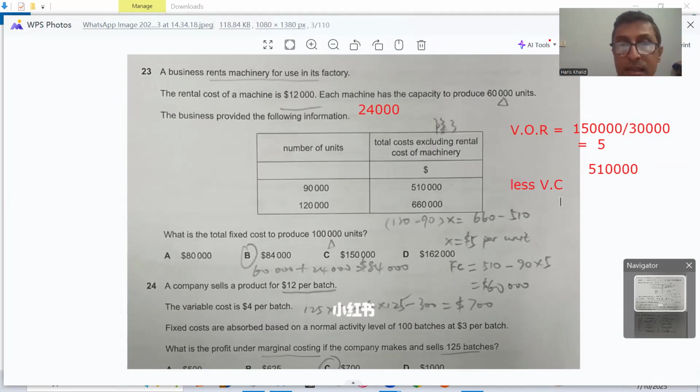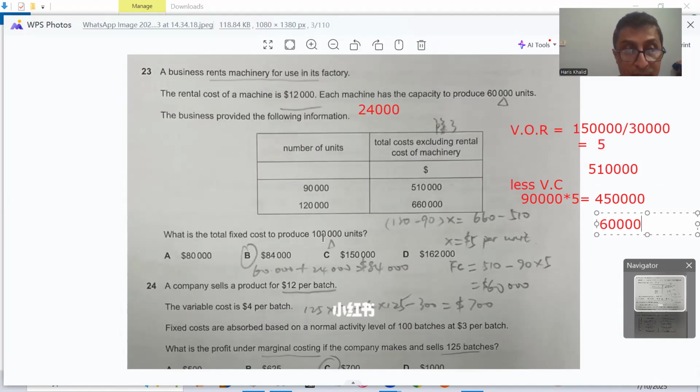Variable cost is 90,000 into 5, that is going to be 4,50,000. So 5,10,000 minus 4,50,000, 60,000 is going to be the fixed cost. Now 60,000 is the fixed cost, which will not change in total. 24,000 is the rental cost. So 84,000 is going to be the total fixed cost to produce 1 lakh units.